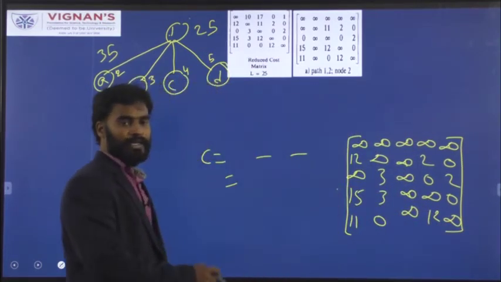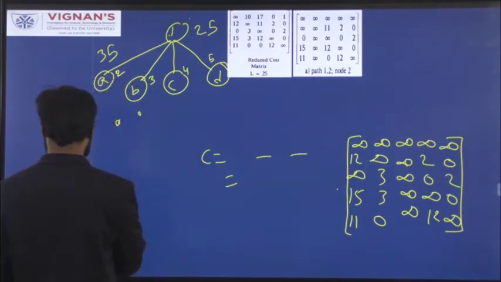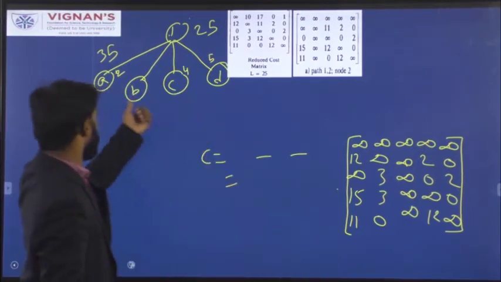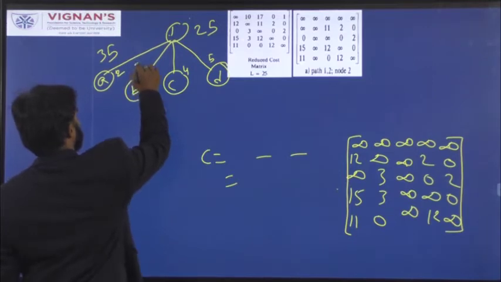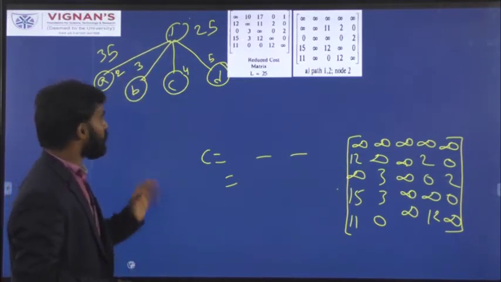So this is the matrix for node B, which represents city 3. So what is the cost for this node? First let's try to reduce this matrix.